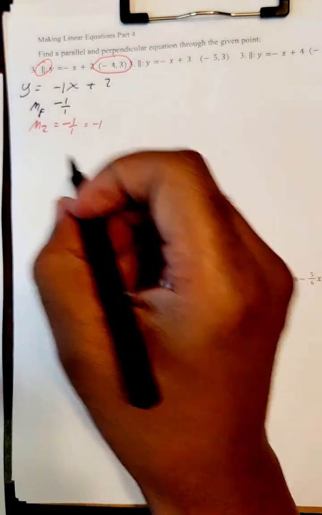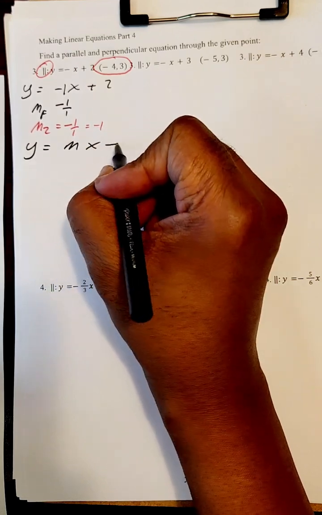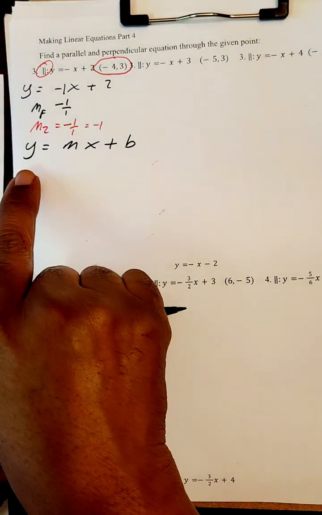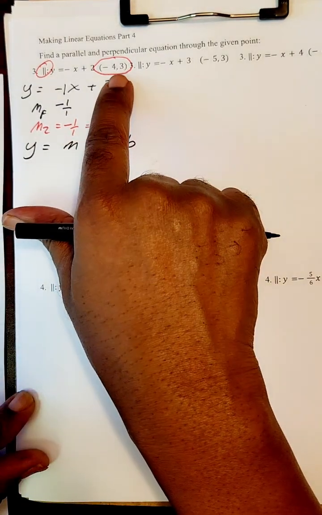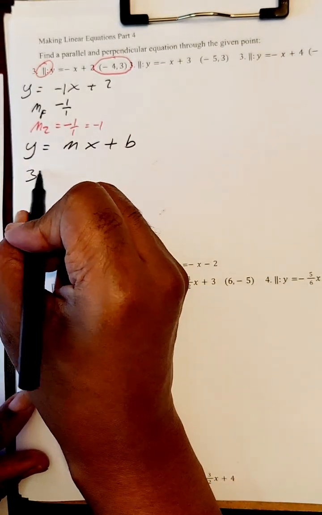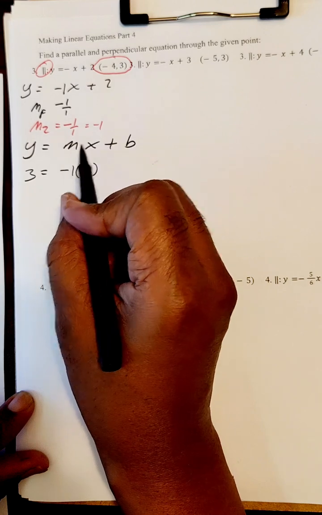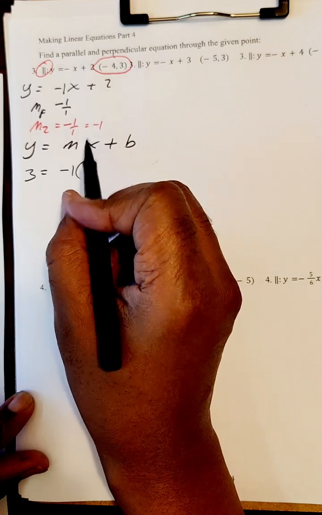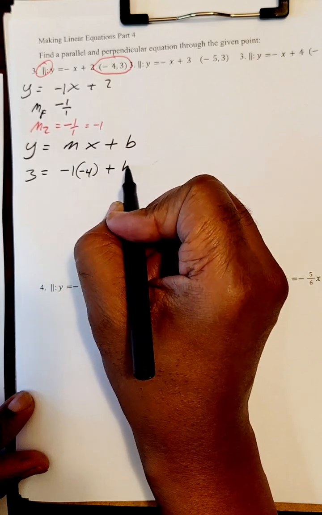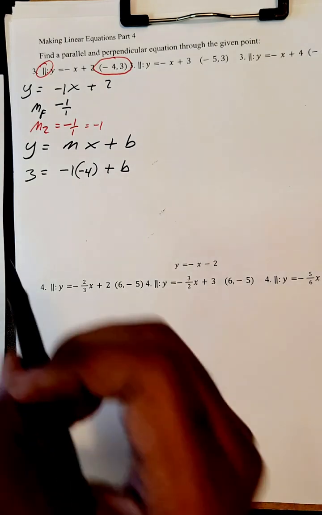So let's put all this information into the point slope equation so we can build a new line. All right, so for this new line, y is going to be 3. Sorry, the m is going to be negative 1 right here. The x is going to be right here, negative 4. And then the b. I want to simplify this by multiplying negative 1 times negative 4.